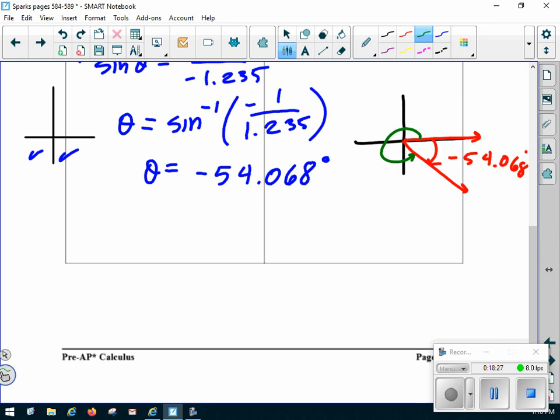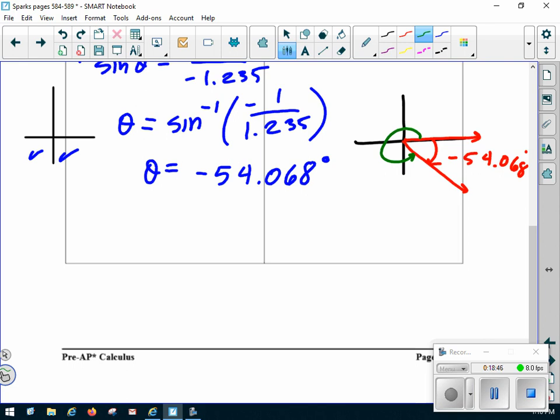Now remember, that's a negative number, so be careful. I'm going to do 360 minus 54.068, but since the number that is on your screen right now is negative, just do this plus 360.